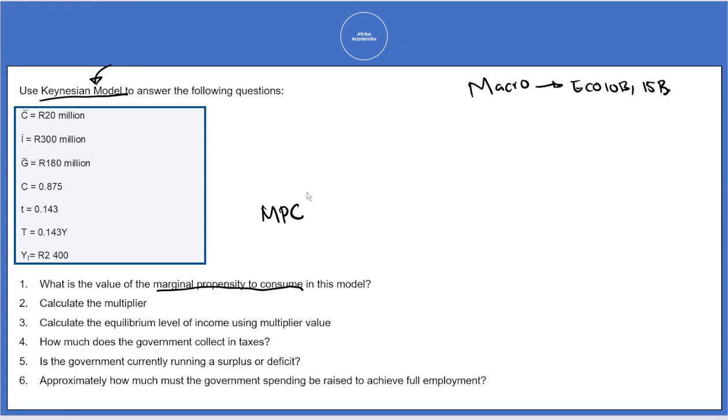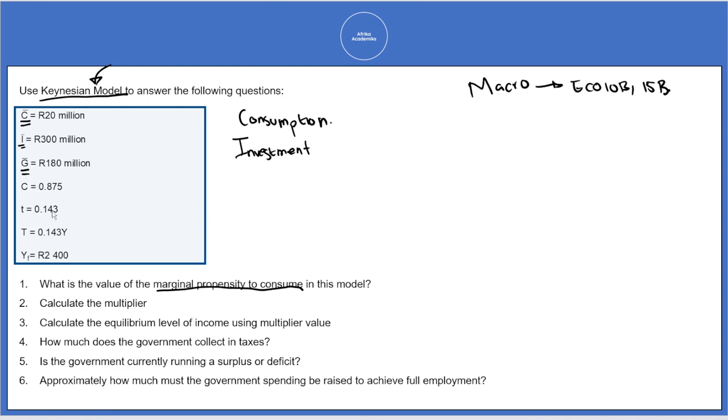But just to explain in short, before we even start here you will see we have C. This C is consumption. It's showing us how much consumption was there in the economy. And then here we have I. So I is showing us how much investment spending was there in the economy.